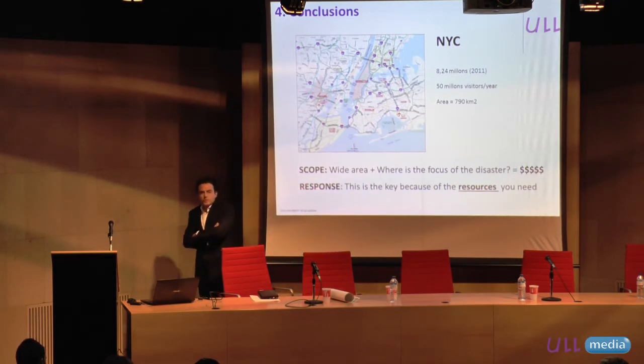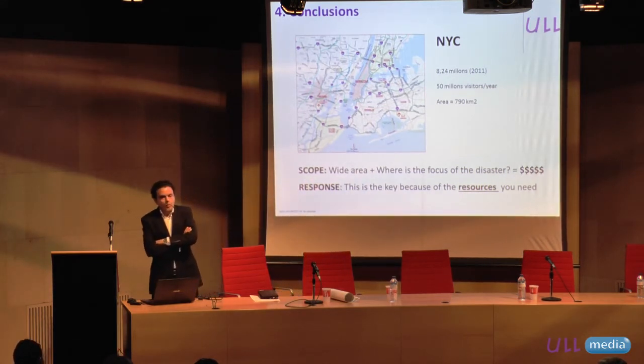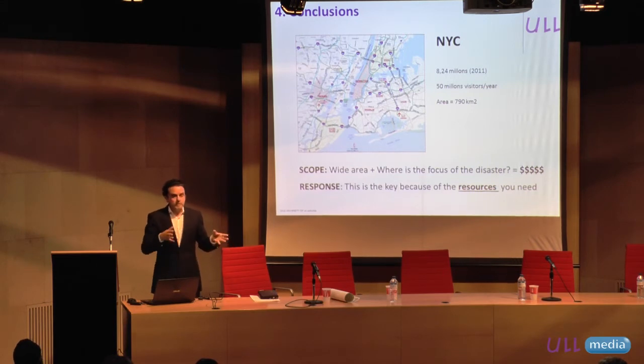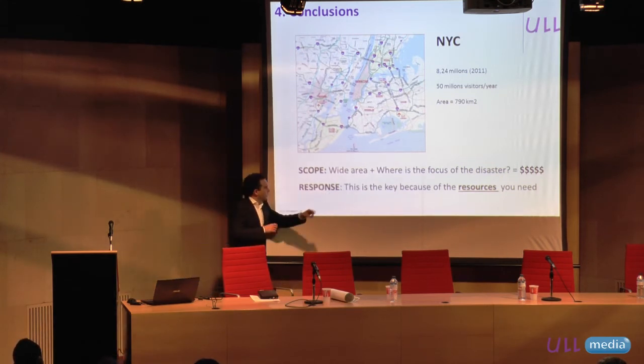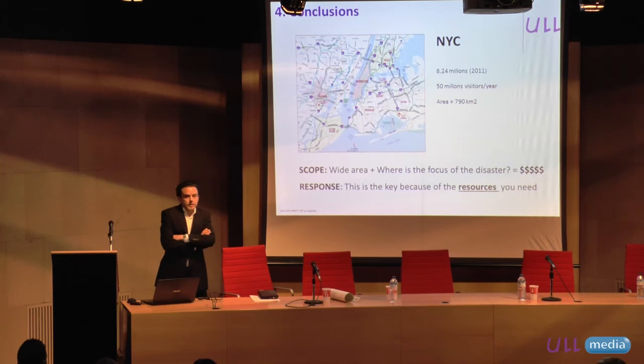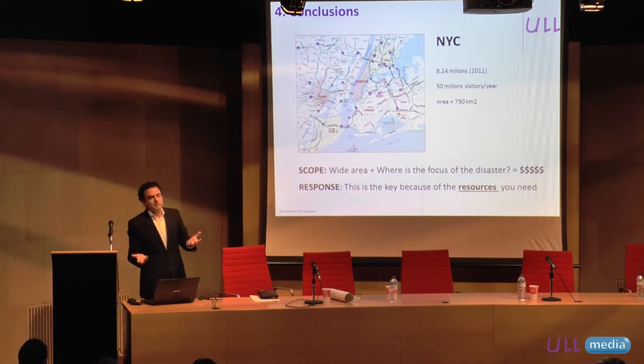Where is the focus of the disaster? Why? Because it depends. If you have the focus, you need the resources, right? And the response is the key, because you need a lot of resources, right?